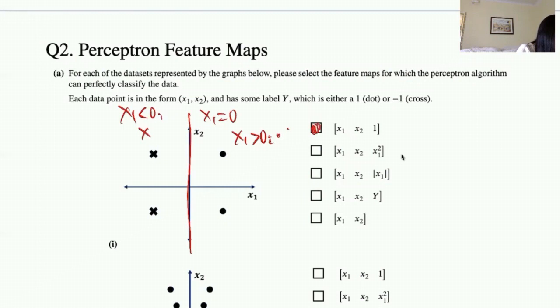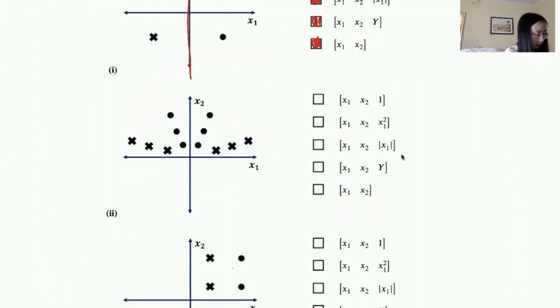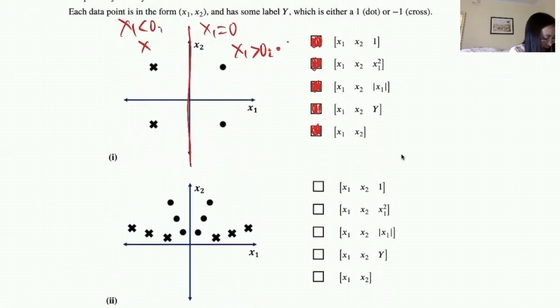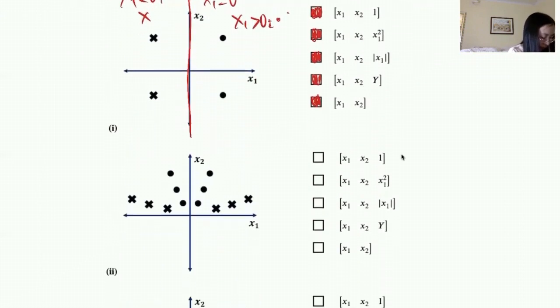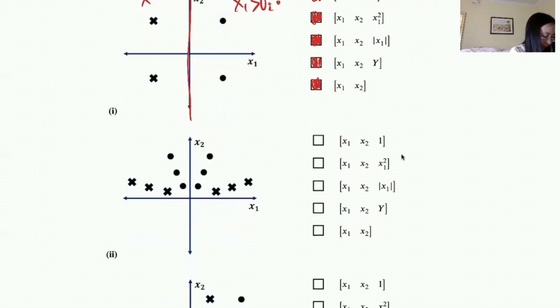So the answer is all these choices are correct. Then in the second case, we will see that if the features only include x1, x2, then it means that the decision boundary needs to pass the origin, and also it has to be a line.